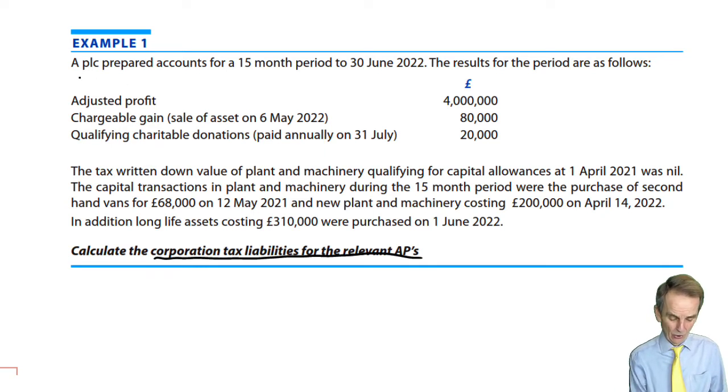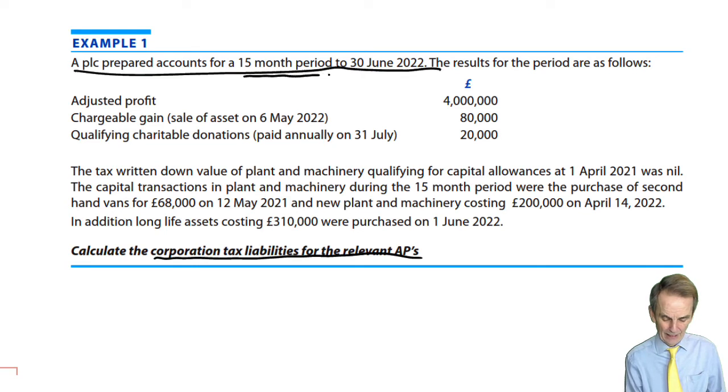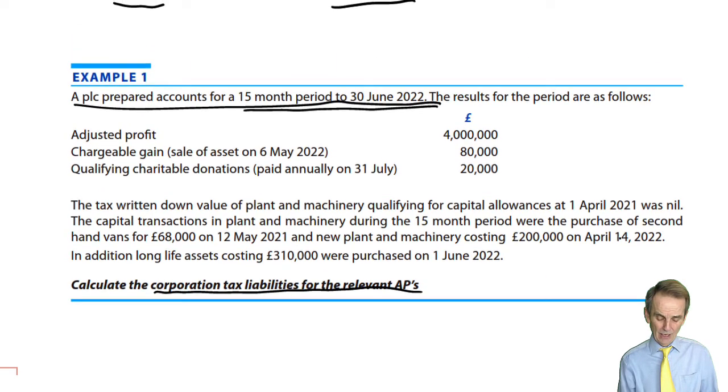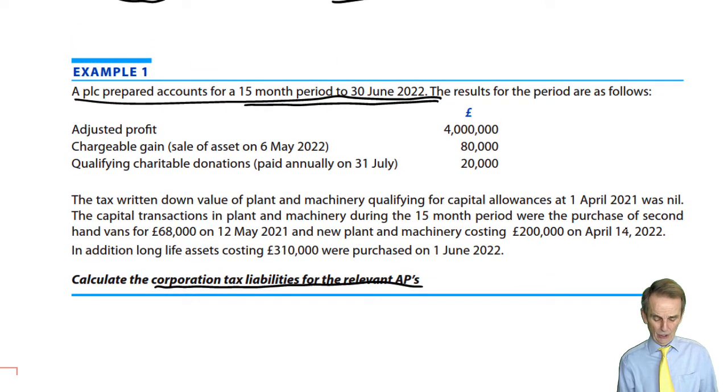And we're quickly told that A plc prepared accounts for a 15-month period to the 30th of June 22. So as you read this in the question, you recognise this is a long period of account. I'm now therefore going to need 2 separate corporation tax computations, and a 15-month period is going to be split 12 months and 3 months.